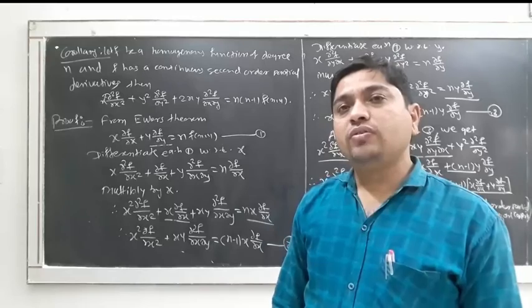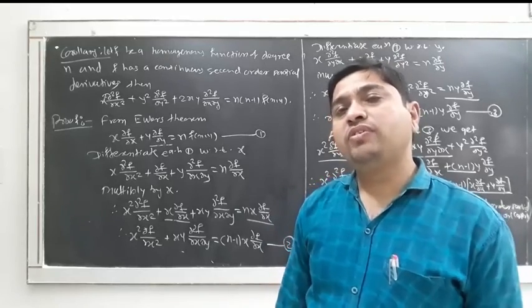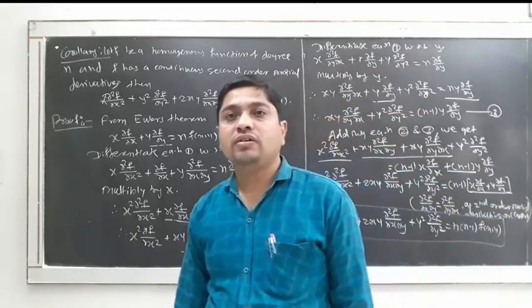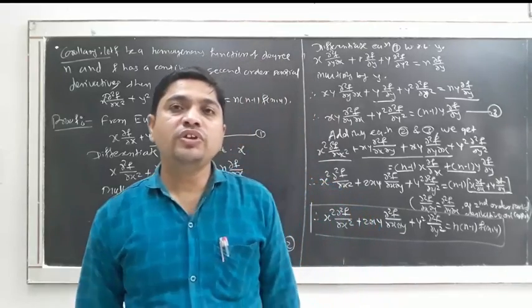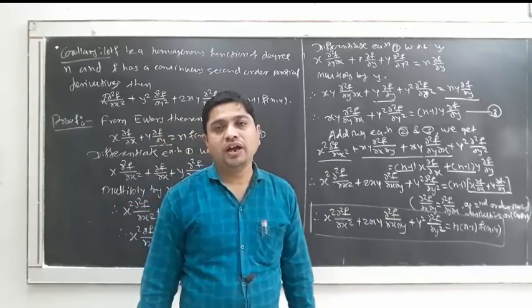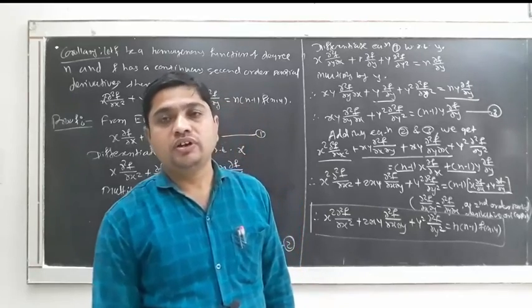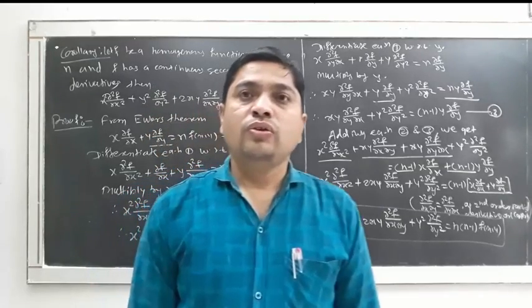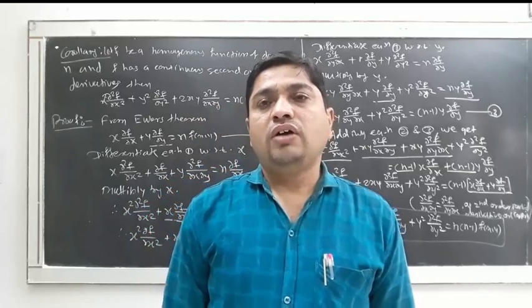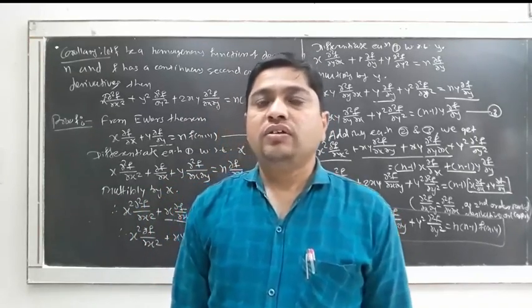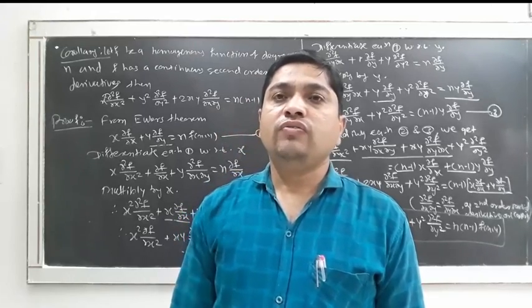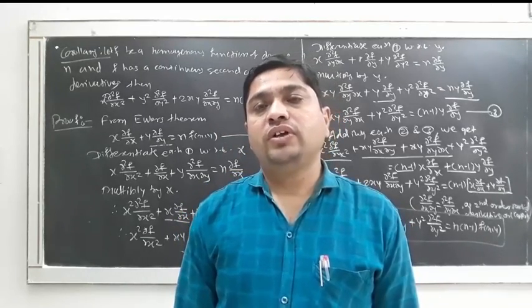So just try to solve problems taking a function f(x,y). So what we saw today: homogeneous functions, Euler's theorem, and one corollary of Euler's theorem. We will solve some problems in the practical session, and then we finish this chapter. So thank you very much.